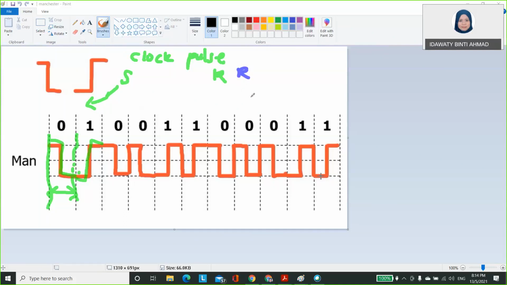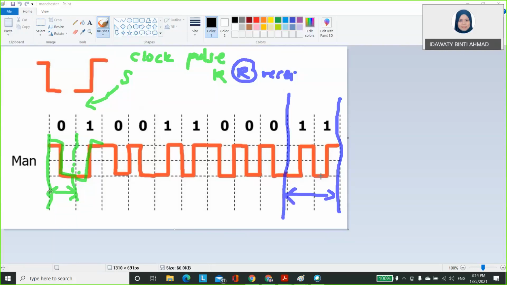Here I show an example of different clocking. Let's say the blue part is the receiver, and the receiver's clocking is this. Let's say this is one clock, one tick.